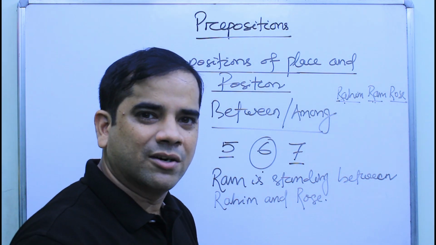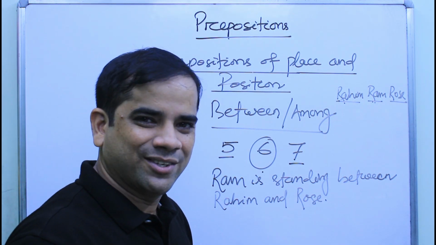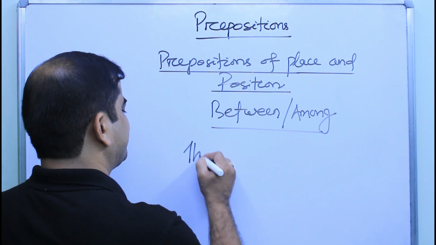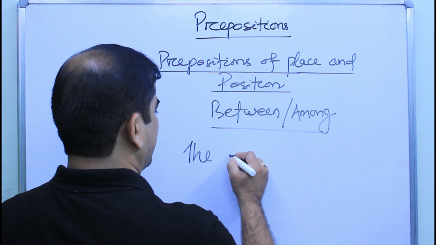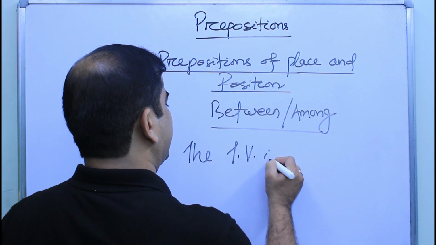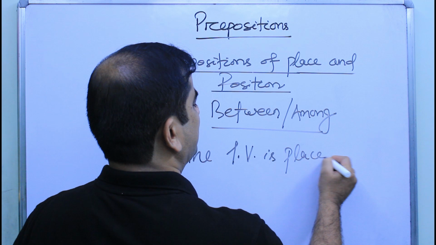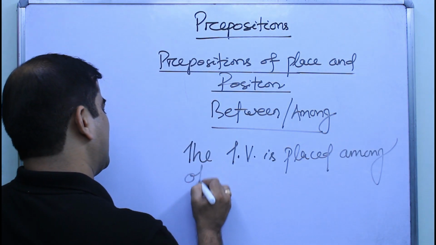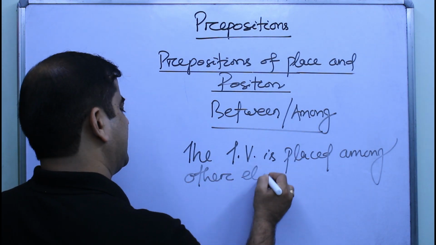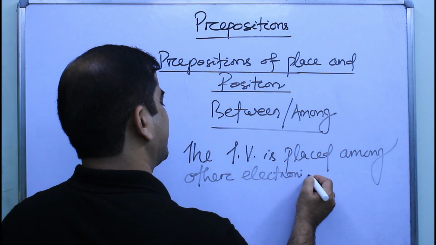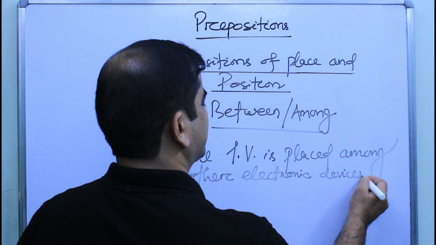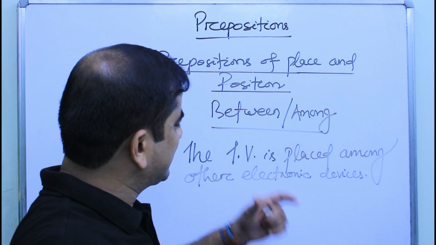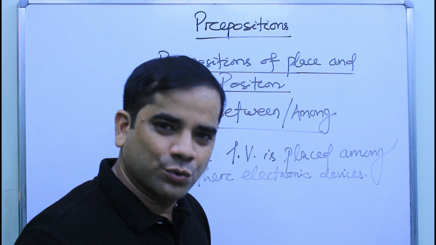So, what about among? Let us check it out. Students, if I say the TV is placed among other electronic devices, that means there are so many electronic devices and the TV is also one of those.